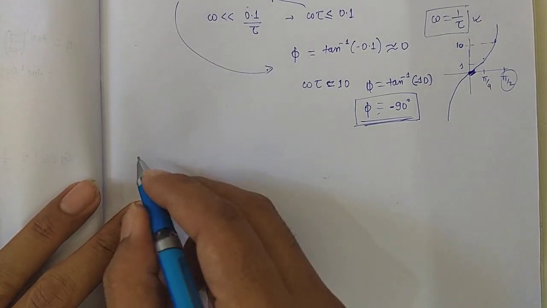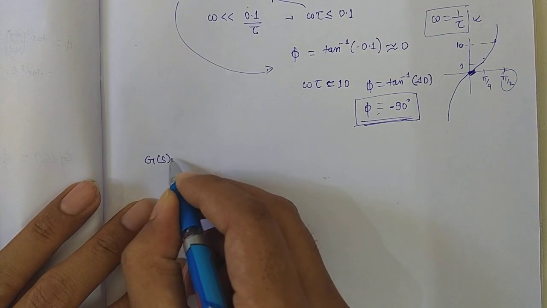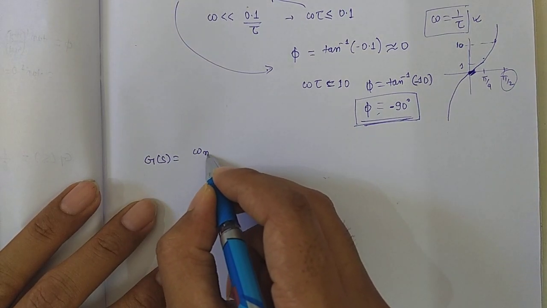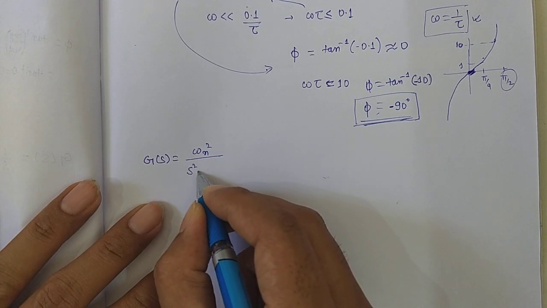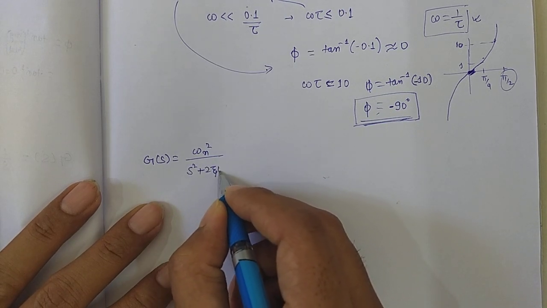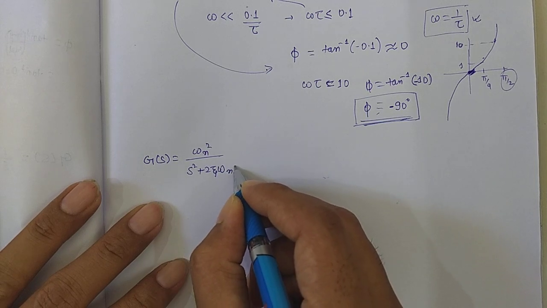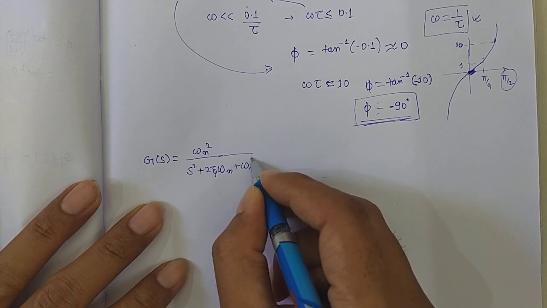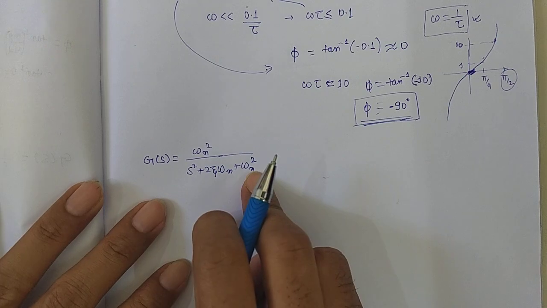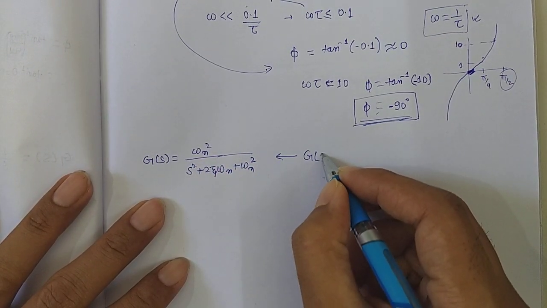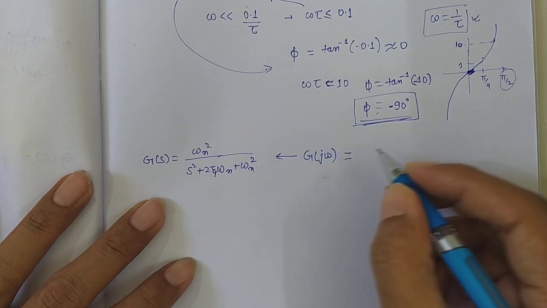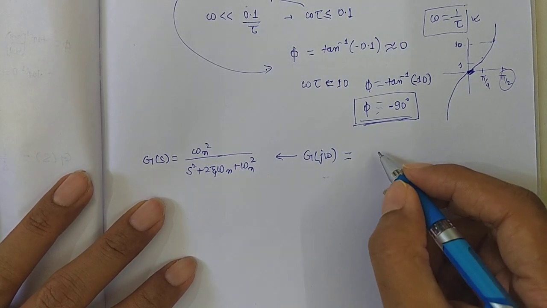Now let's talk about what will happen if we have a second order system. Let's suppose G(s) is equal to omega n square over s square plus 2 zeta omega n s plus omega n square. This omega n is your natural frequency, not this omega. s will be replaced by j omega in order to find the frequency response.